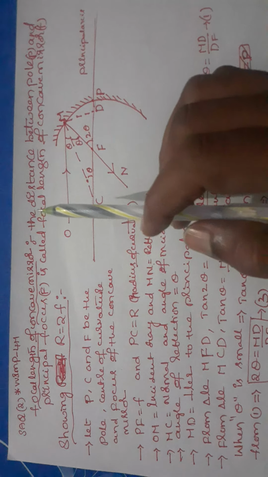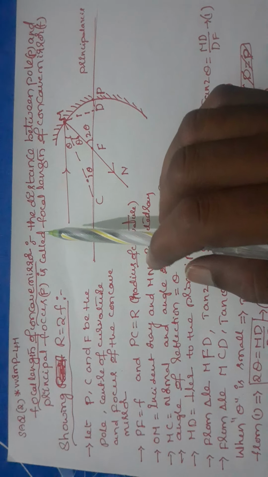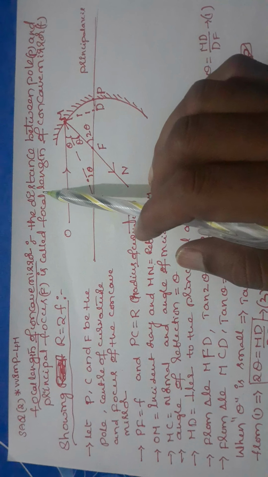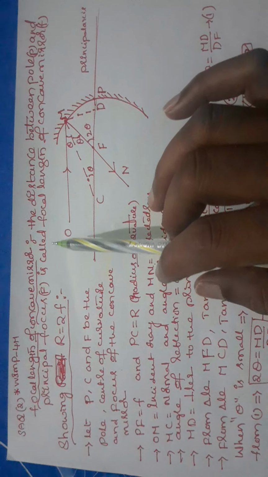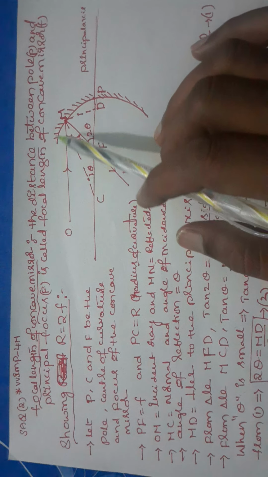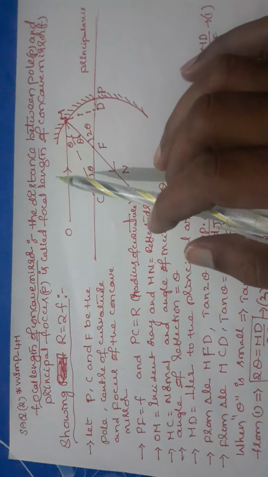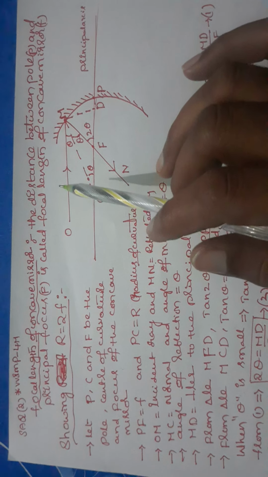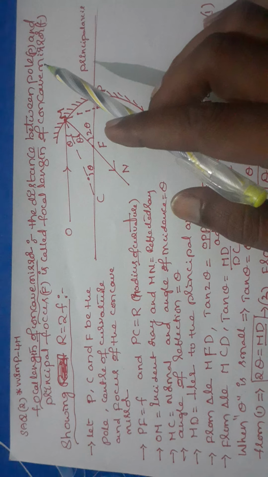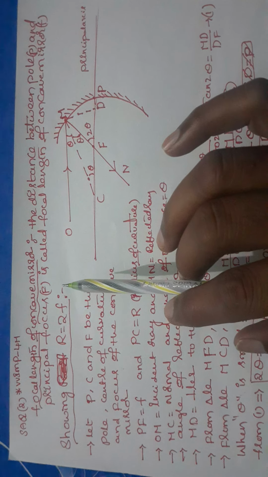So concave mirror focal length: the distance between pole and the principal focus is called focal length of the concave mirror. Simply, the distance between P and F is called focal length of concave mirror, where P is the pole and F is the principal focus.